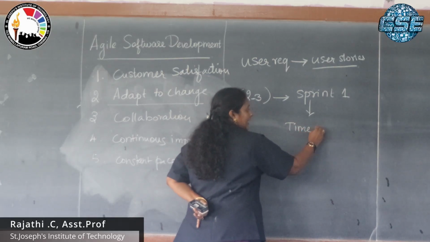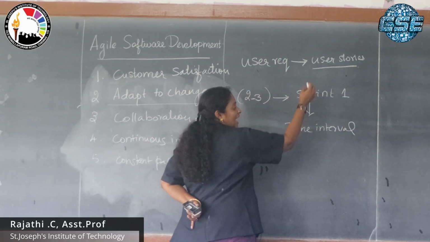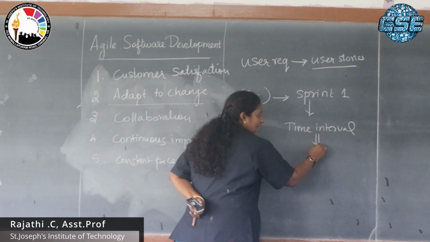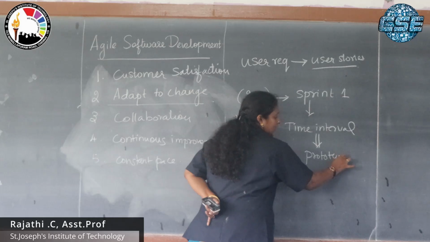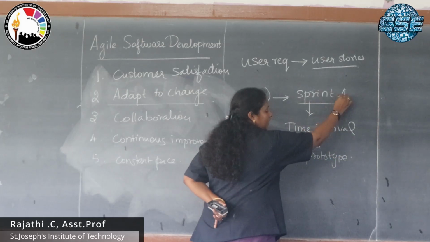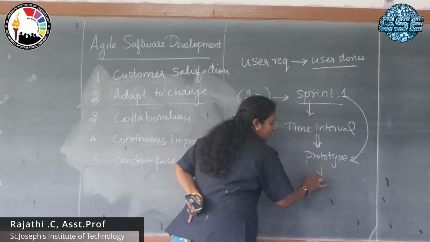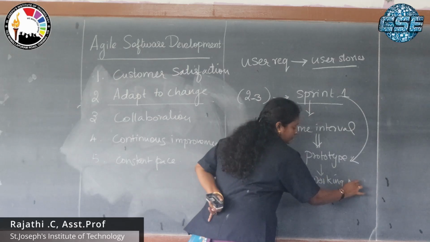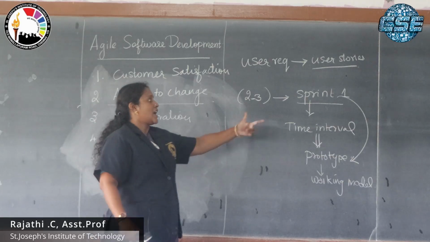In a particular time interval, the user story has to be implemented, and in that time interval it has to give the prototype. The prototype is a working model, and this has to be provided by sprint 1.